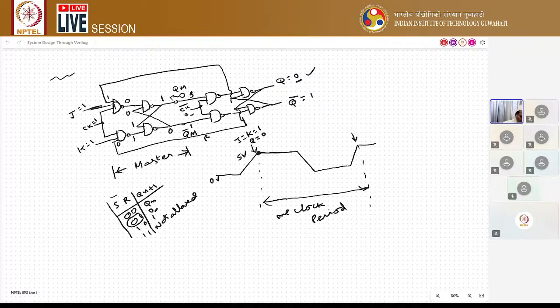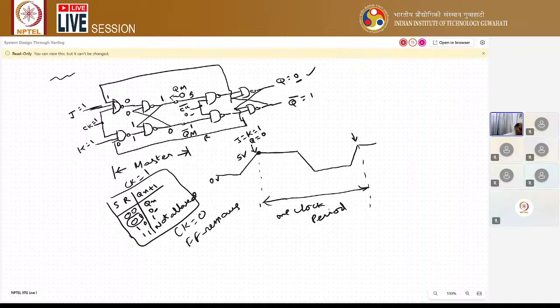So this truth table is valid only when clock is equal to 1. If clock is equal to 0, regardless of the input, the flip-flop remains in the previous state. The previous state is 0, 1, so it remains the same.